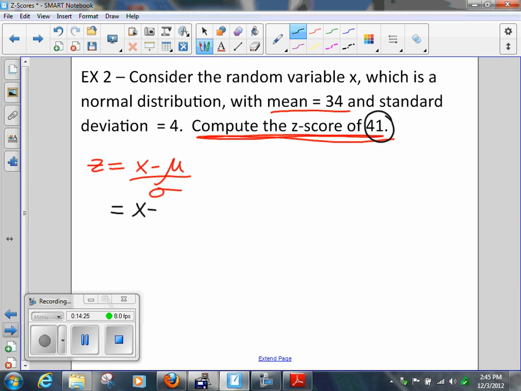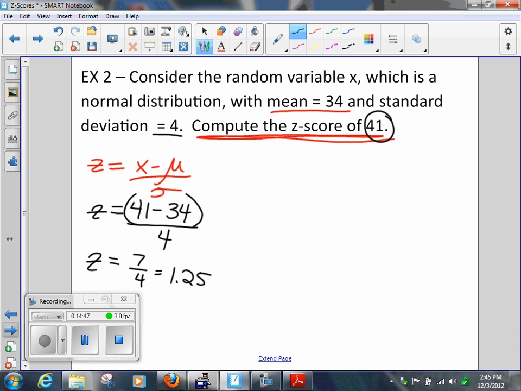So x minus the mean, which is 34. 41 minus 34 over standard deviation of 4. All right, put parentheses around that, and you find your z-score to be 7 over 4, which is approximately 1.75. Can't read my writing.